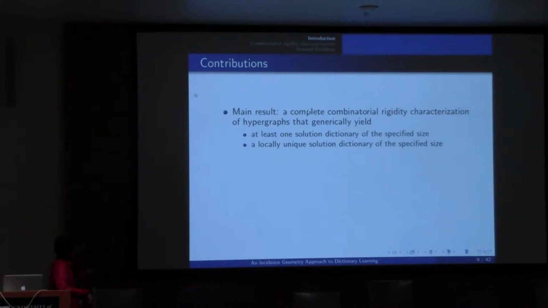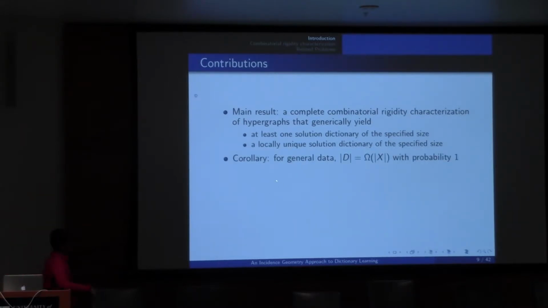Then we're going to use some well-known techniques from an area called combinatorial rigidity, which is also related to matrix rigidity, to know when at least one solution to the dictionary exists, and when a locally unique solution to a dictionary exists. We can also look for a globally unique solution.